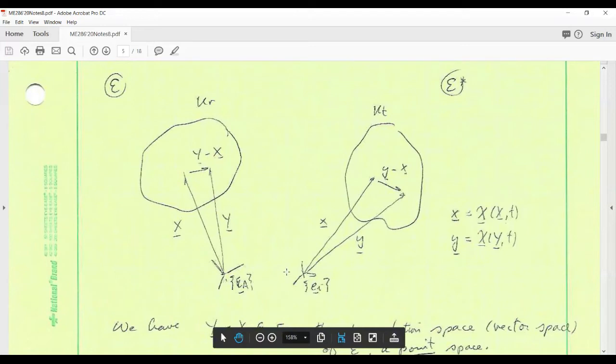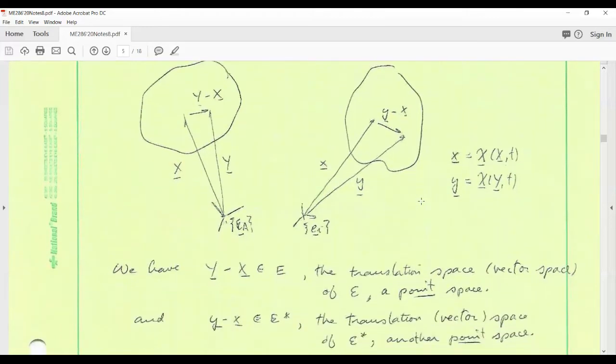For example, when we talk about two-point tensors like the deformation gradient, it is actually mapping the vector space E to the vector space E star. So when we say the deformation gradient has one leg in the reference configuration and one leg in the current configuration, mathematically what we mean is the deformation gradient operates on elements of E and produces elements of E star.